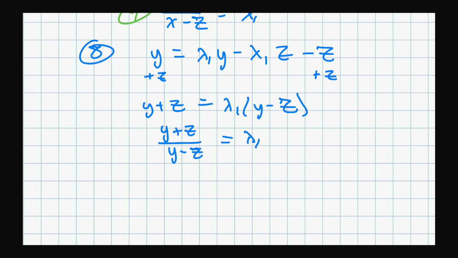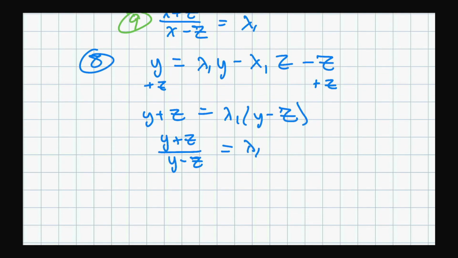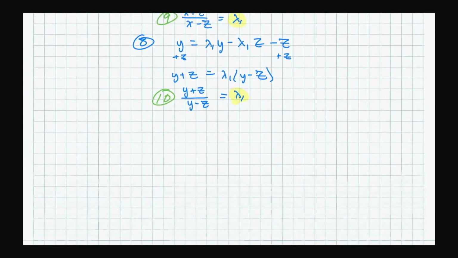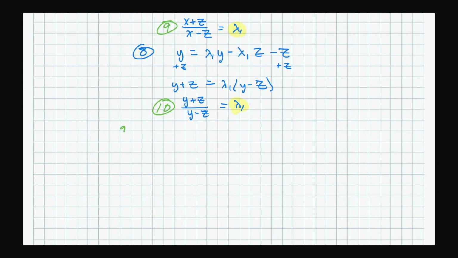Now, why do you care about that? I think the reason you care about that is because now you've got two equations, 9 and 10, that are solved for lambda 1. So if they're both equal to lambda 1, that means you can set them equal to each other, right? So that's what we're going to do.